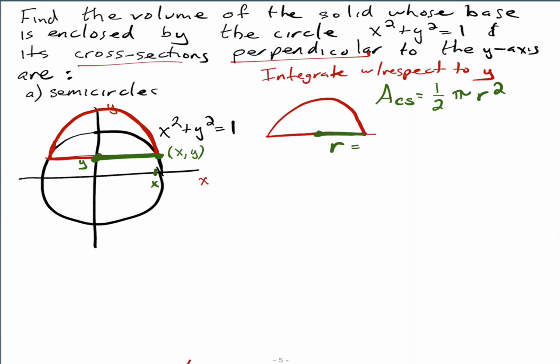So what is the length of that green line? Yeah, notice it's just equal to the x value, which is then equal to the square root of 1 minus y squared. How do I know that? Well, I just solve for x on the circle, because that's where the x value is. It's on the circle. Does that make sense?